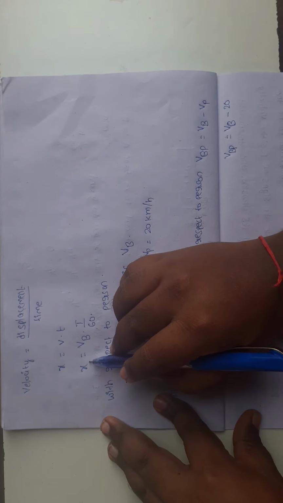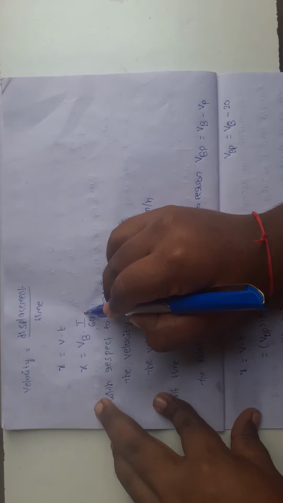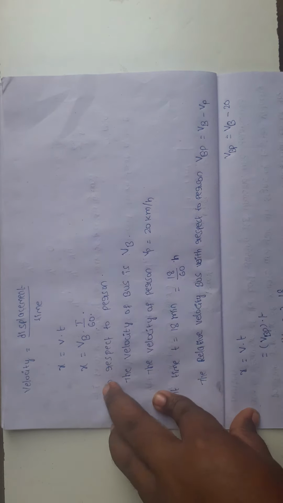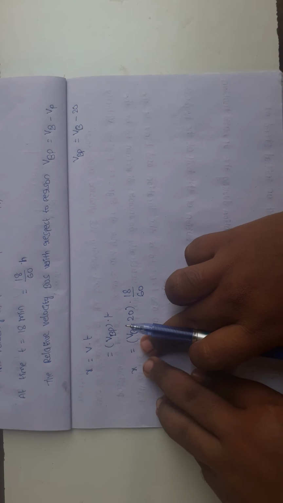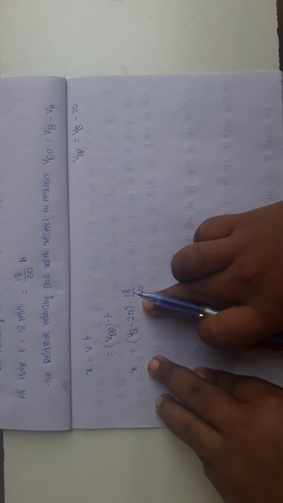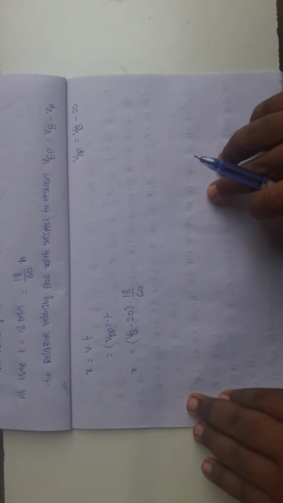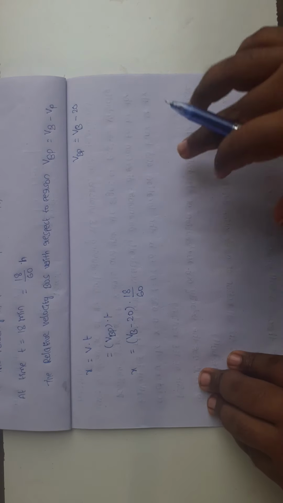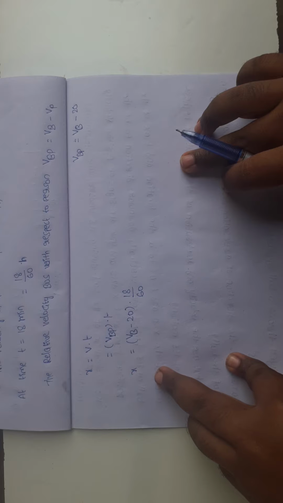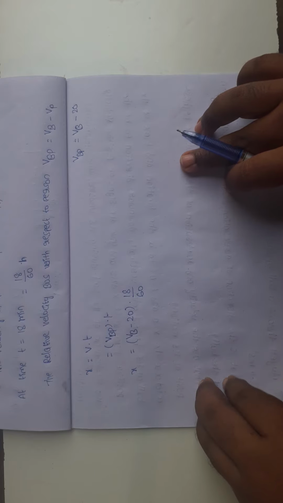So this is also displacement, but this displacement is with respect to ground, and the other displacement is with respect to the person at 18 minutes. So I am equating the displacement by the ground and the displacement by the person at 18 minutes.